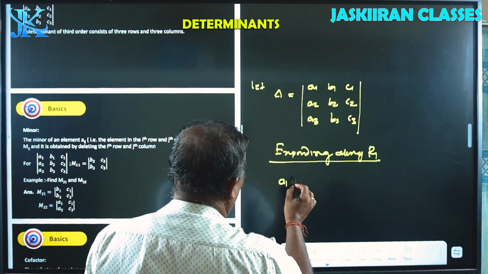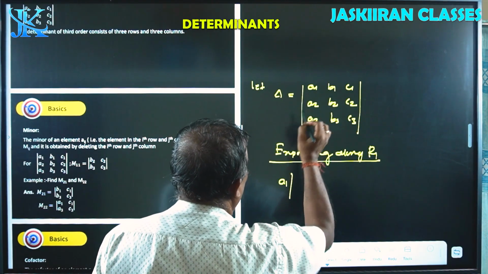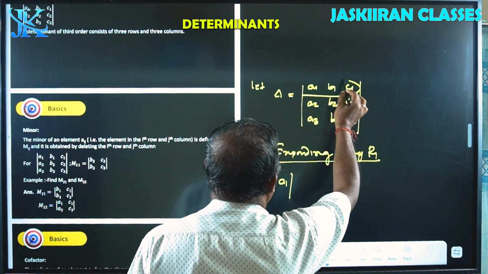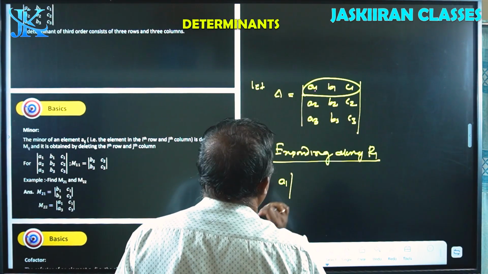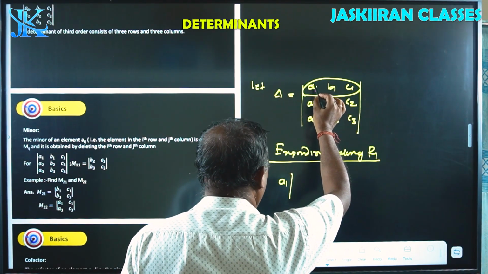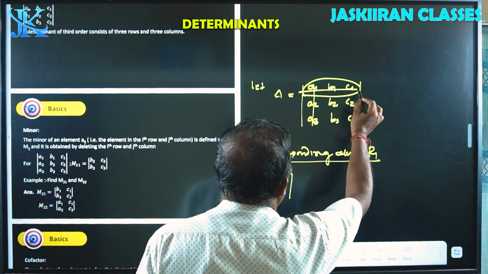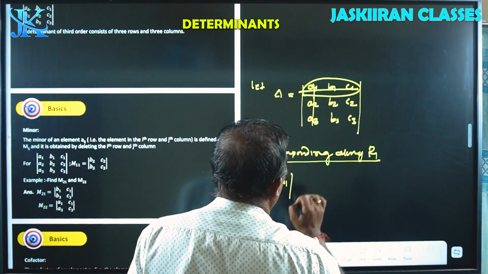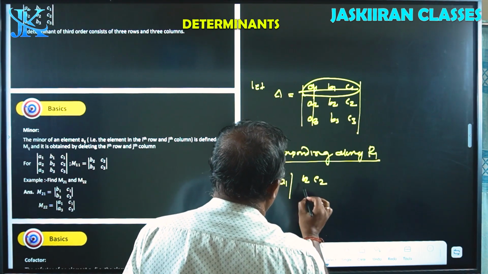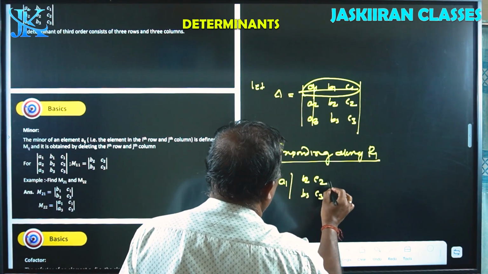When expanding along R1, first we write A1 and omit its column and its row. Then we get B2, C2, B3, C3.